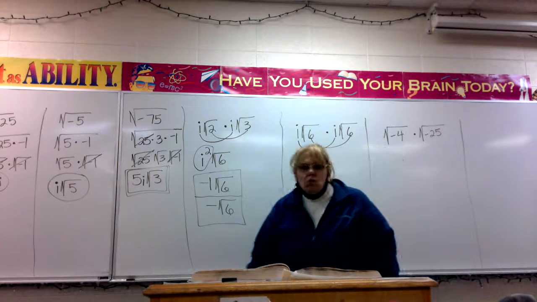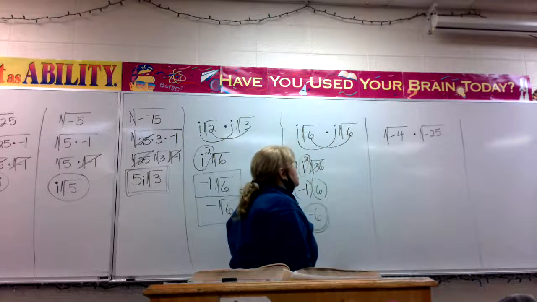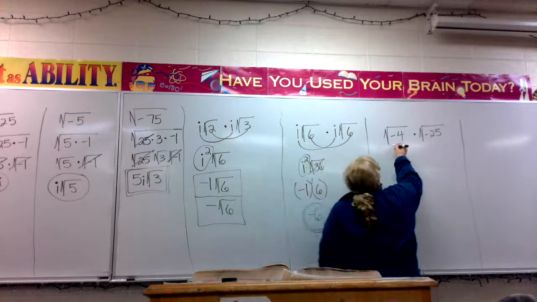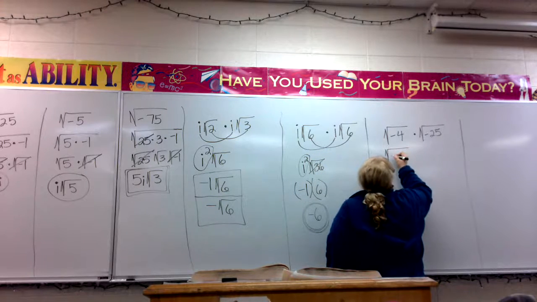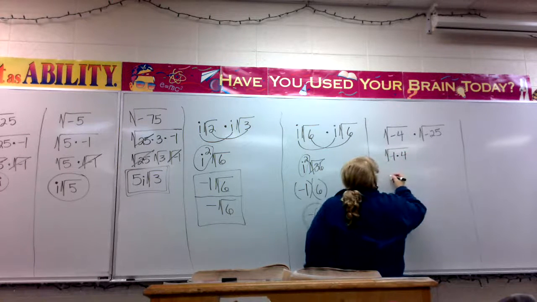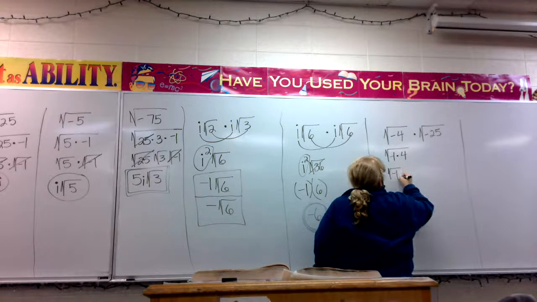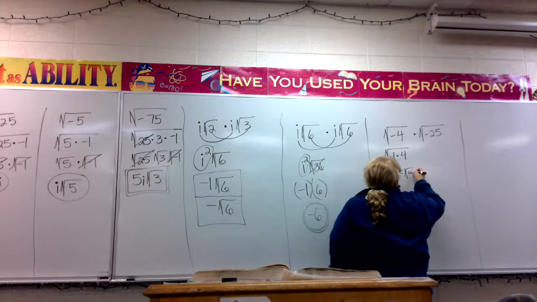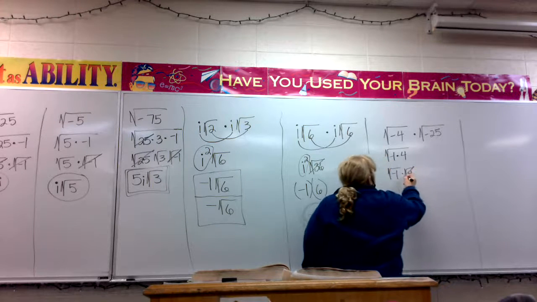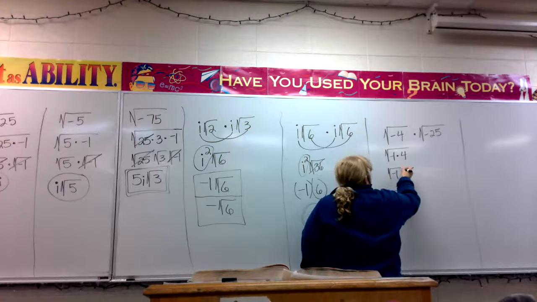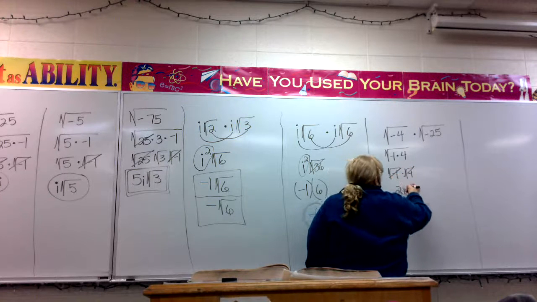Watch what happens, watch what we get for our answer if you work this up. You already know how to simplify this, right? -1 times 4, square root -1, square root of 4. What is the square root of 4? What's the square root of -1?